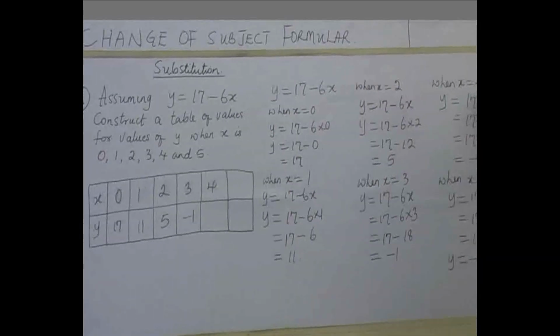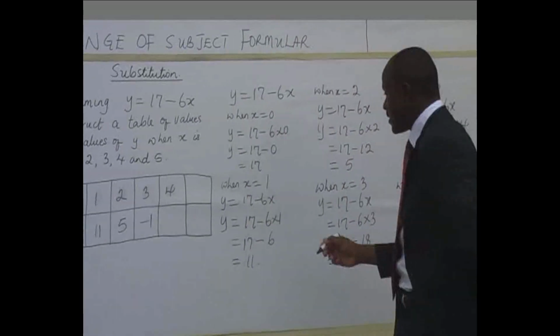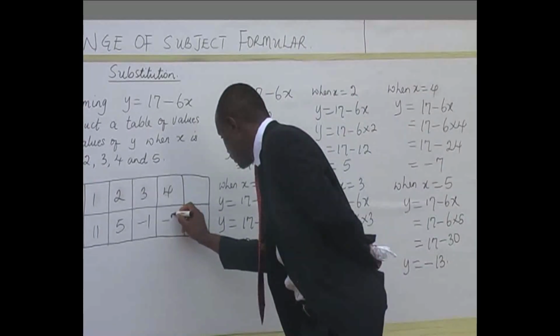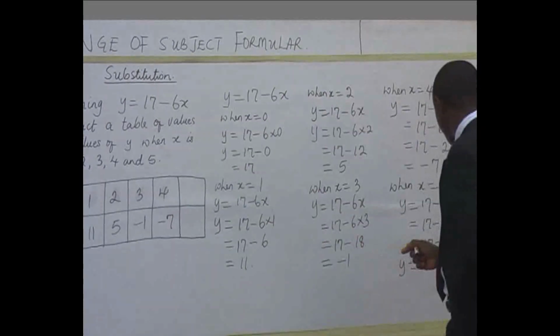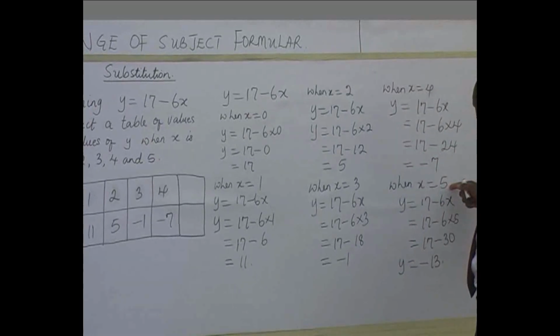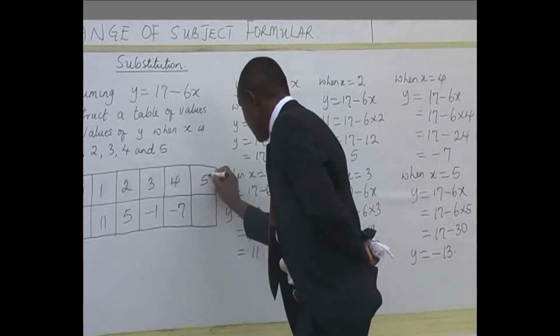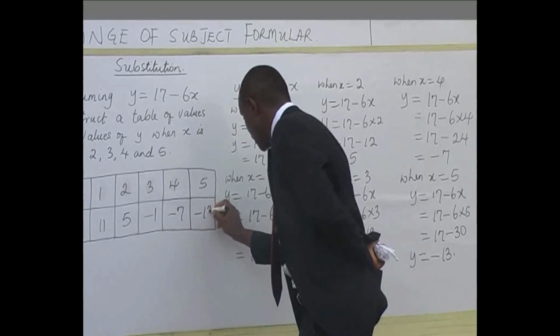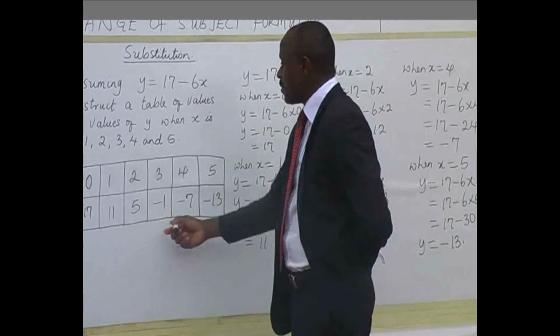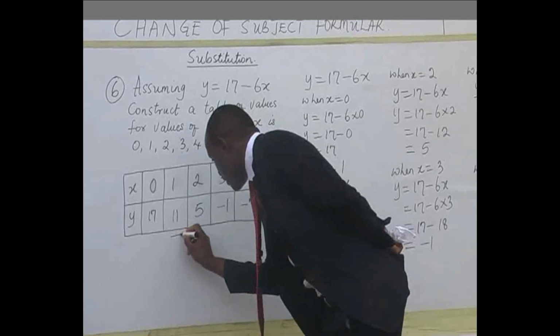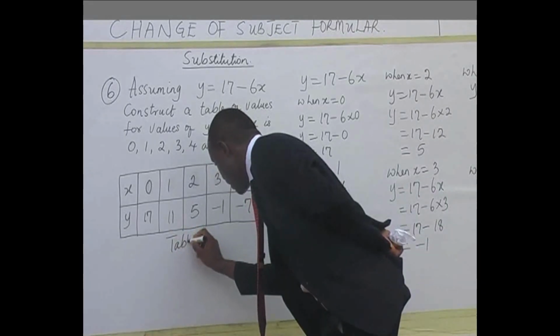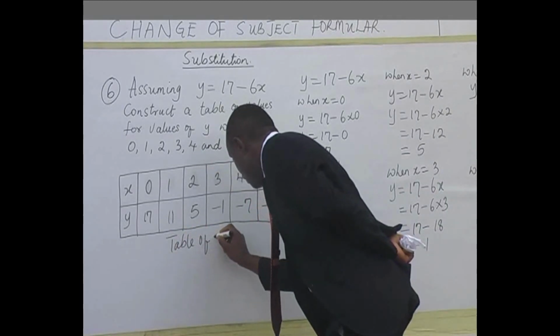When x was 4, y was calculated to be minus 7. The last but not the least, when x was 5, y was calculated to be minus 13. So we have 5 and minus 13. So this is the table of value. That's what we call this. Call it table of values.